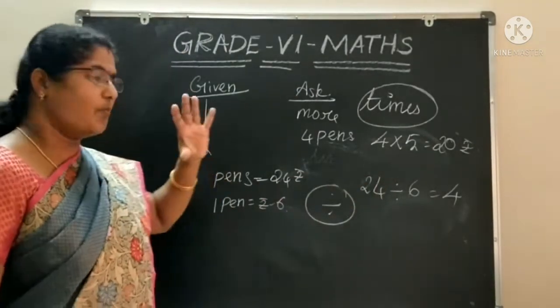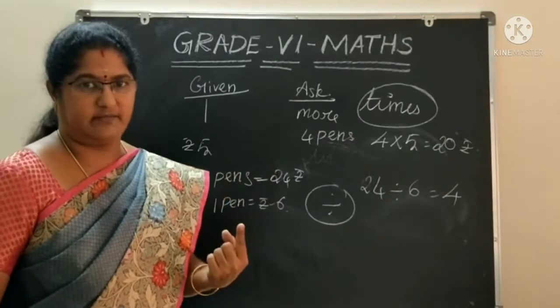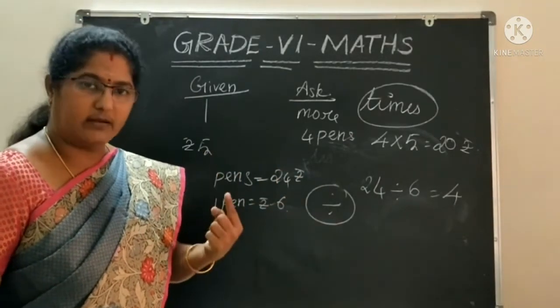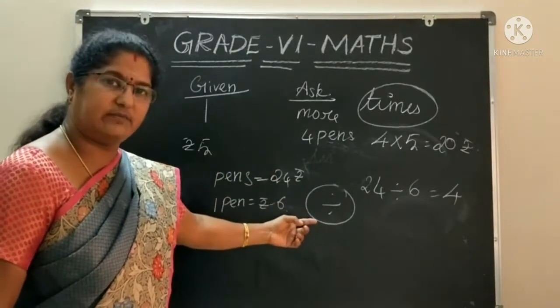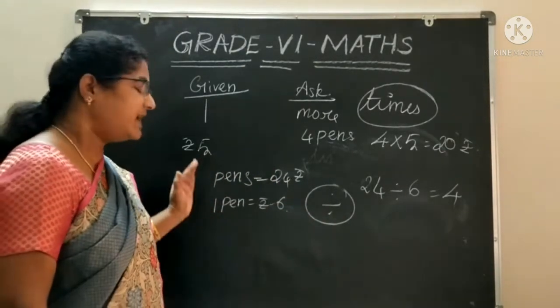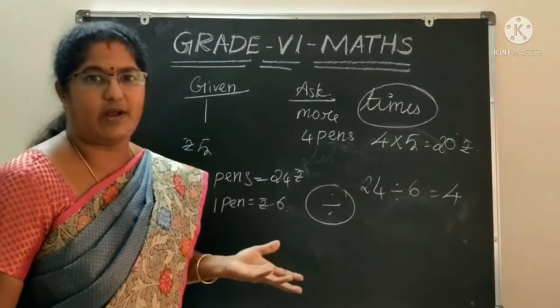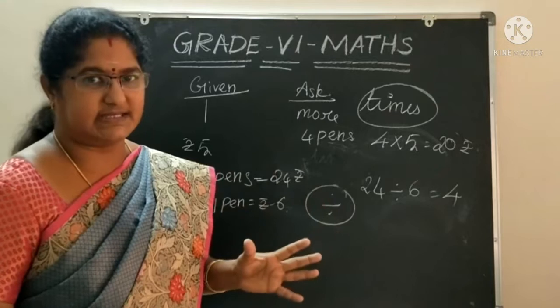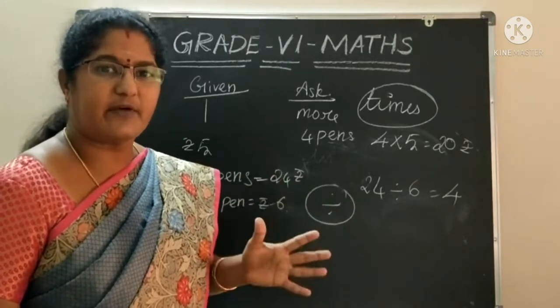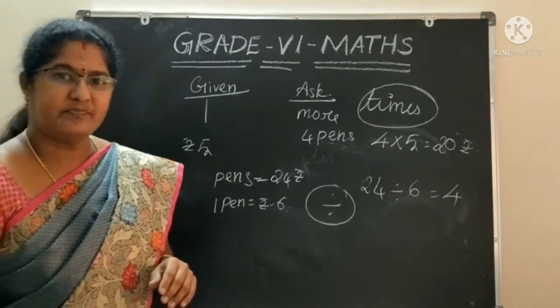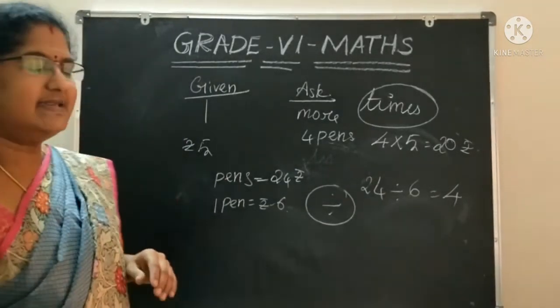If they give the value of more things and ask to find the value of 1, we can apply division. And if they give the total amount and the cost of each one and ask to find the number of things, for finding the number of things also we have to divide. Clear? Okay, let's go to the exercise.